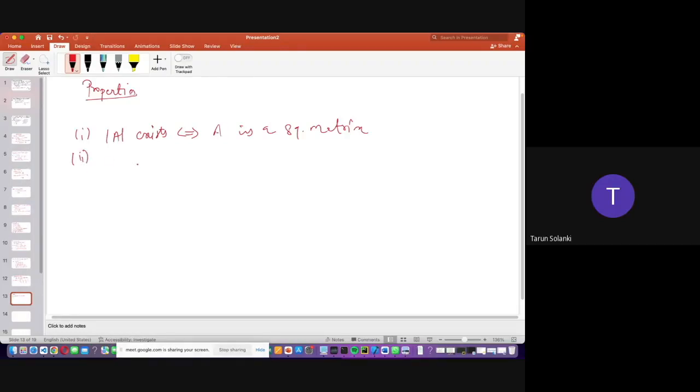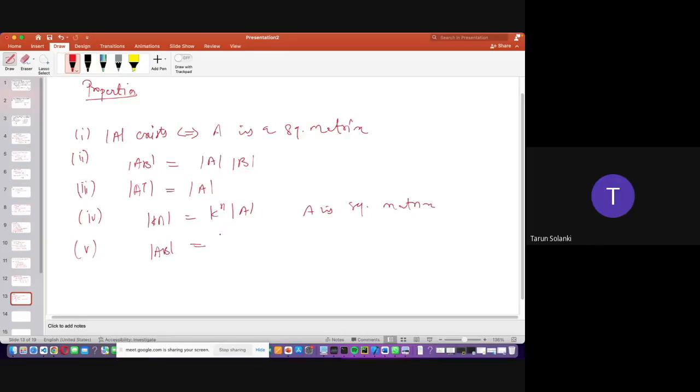Next property, mod AB is equal to mod A times mod B. Next, mod A transpose is equal to mod A. Fourth one, mod KA will be K to the power N mod A, where A is a square matrix. Fifth one, A and B are square matrices of the same order, then mod AB is equal to mod BA, any order same.